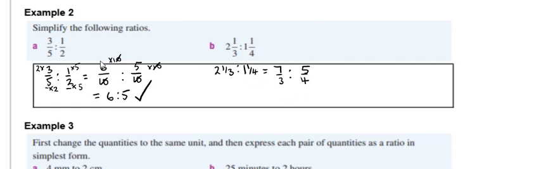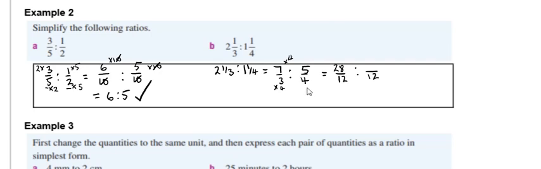Now we simplify just like we did in part A. I'm going to change our denominators to 12s, because I know that 3 and 4 go into 12. I'm going to times the first fraction by 4 at the top and the bottom. So 3 4s are 12 on the bottom, 7 4s are 28 on the top.